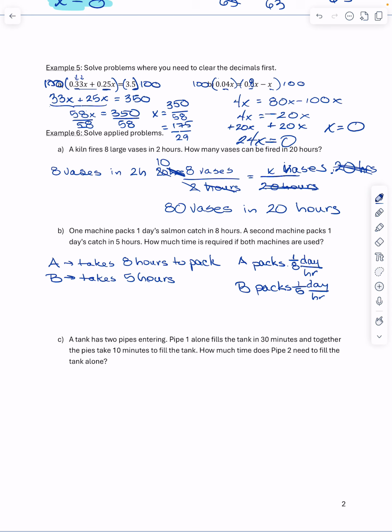Okay, so I've got to reduce both machines to a time that's consistent. So if A packs 1/8 of the day's catch, we're going to use X for the day's catch. B packs 1/5 of the day's catch.